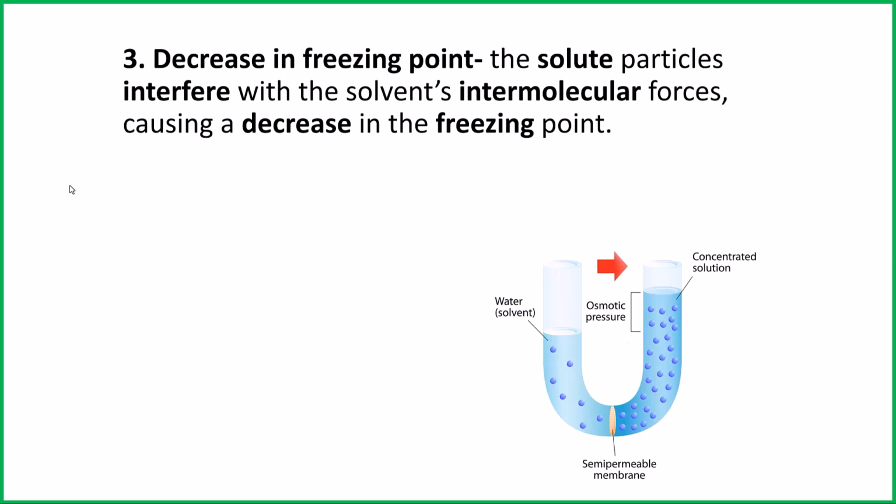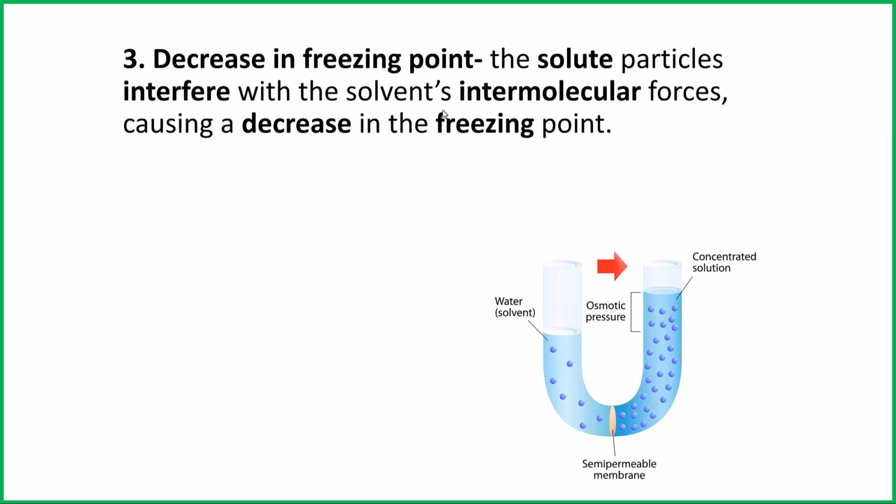The third property caused by colligative properties is a decrease in freezing point. Picturing this in a molecular setting, the solute particles are surrounded by the solvent, and the solvent molecules then are not able to form their typical solid structure.